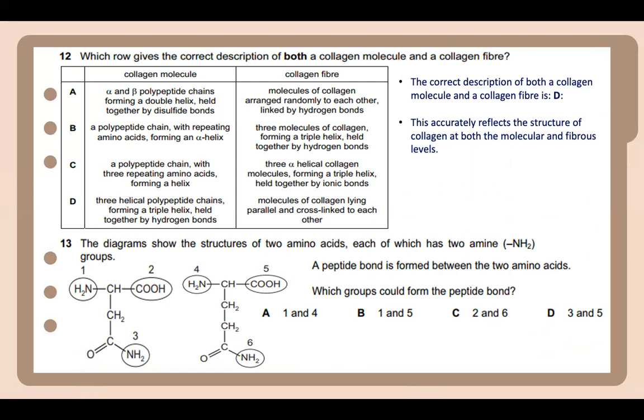The diagram shows the structures of 2 amino acids, each of which has 2 amine groups. A peptide bond is formed between the 2 amino acids. Which groups could form the peptide bond? The answer is 1 and 5.